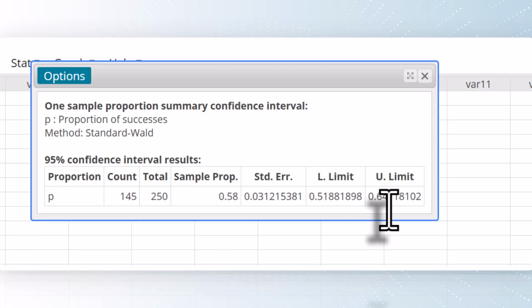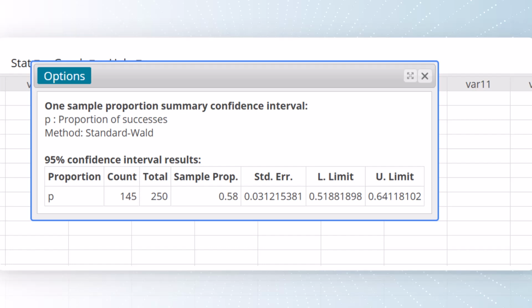If they ask you to interpret this one in words, this is how you interpret it. With 95% confidence, we can say that the true proportion of residents who favor this initiative, the new bike lane, is between 51.9% and 64.1%.